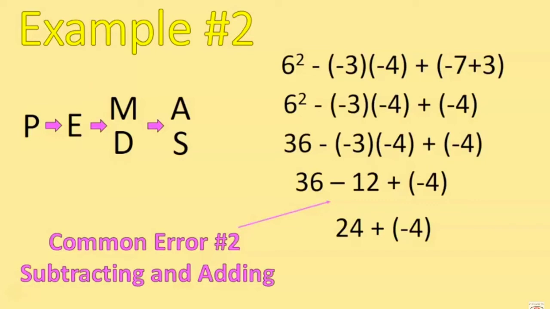They go parentheses, exponent, then multiplying, then dividing, then adding, then subtracting, and they make this mistake. Addition and subtraction are one step, and they get done starting at the left, moving to the right. So if all you have left is adding and subtracting, you start at the left and you move to the right. In this case, we do the subtracting first, then we're going to do our adding. And that's an important distinction, so I wanted to point that out using this question as an example.